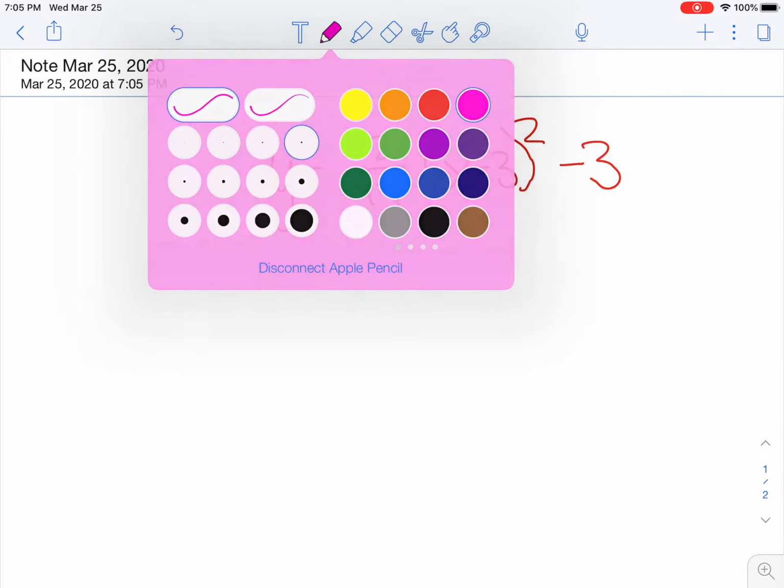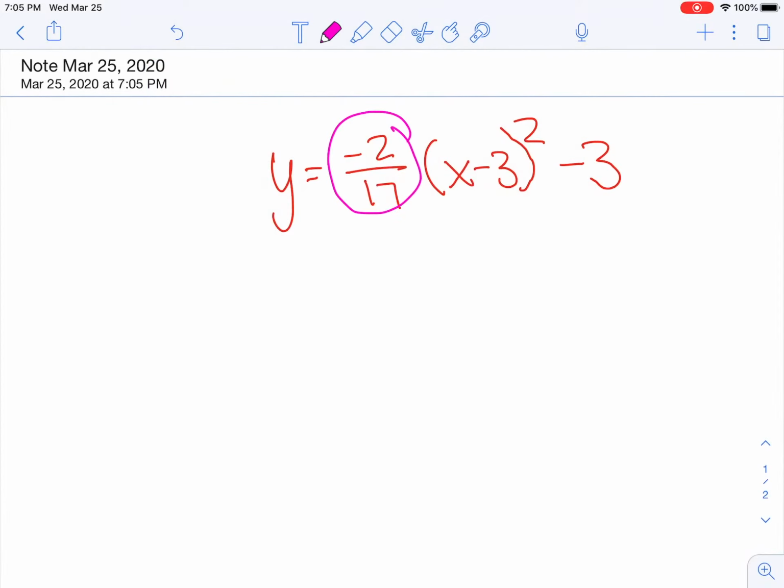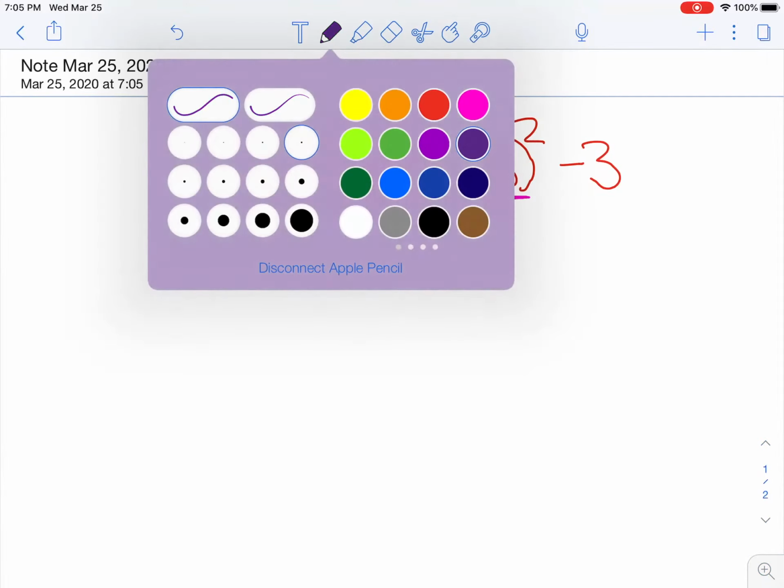Okay, right now we haven't talked about these things yet. So we don't know much about that. But we did talk about this number and we did talk about this number.